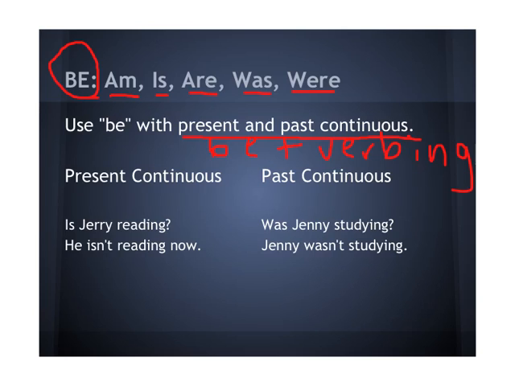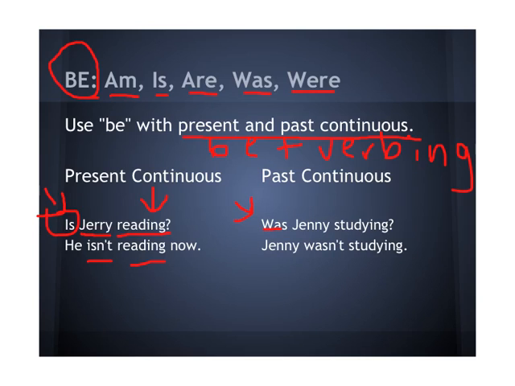So, here's an example of present continuous. Is Jerry reading? Here we have is at the beginning, and we have our subject Jerry, and look, we have our verb with ing. And for our negative statement, he isn't reading now. All right, now these are present tense because we're using is, so let's change it to past continuous and use was.